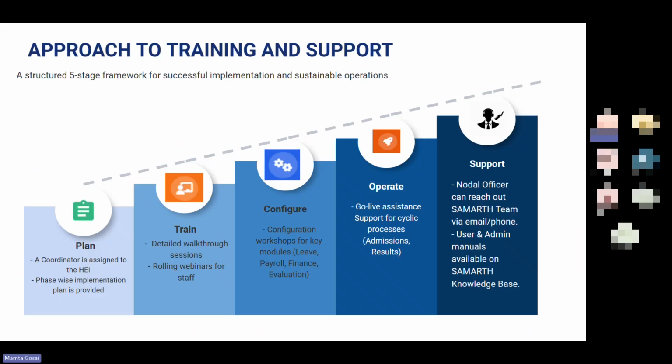So this is the approach to training and support from the Samarth side. The first approach is, once the office order is received from the university and we share the instance, we'll also share coordinator details with the institution. A particular coordinator will be assigned to your institution who will be responsible for the overall implementation.